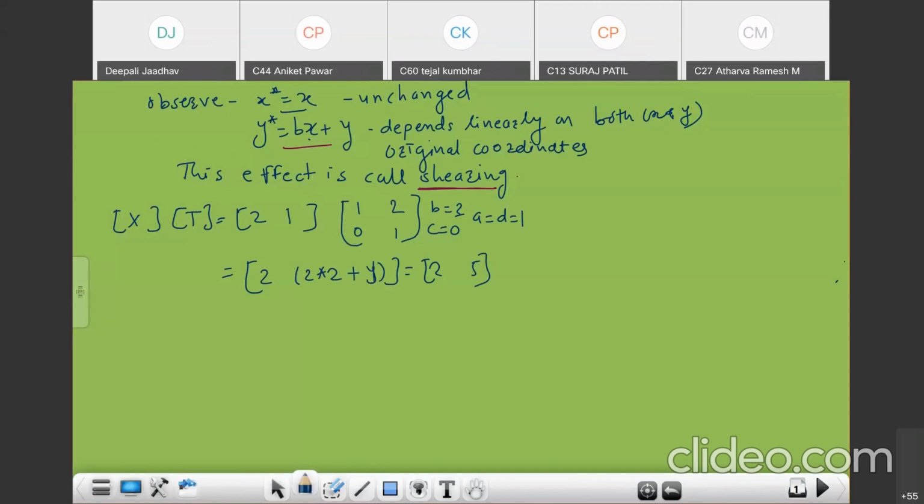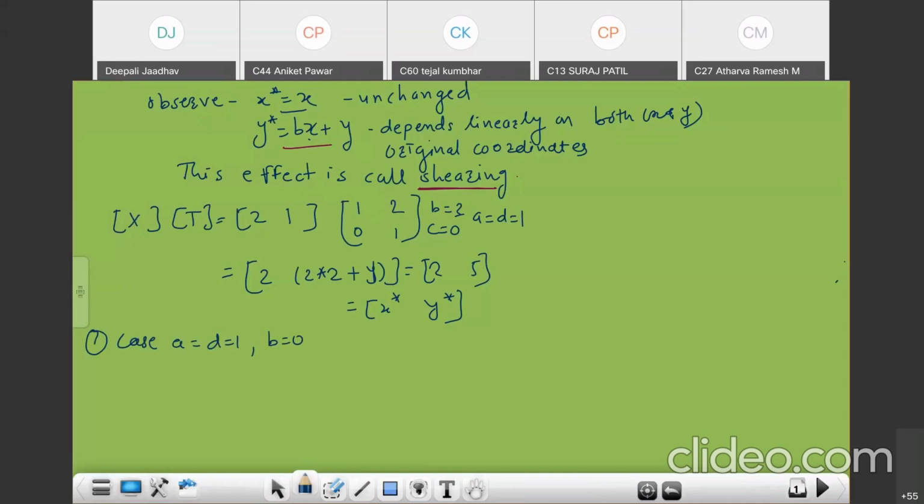So that is the effect with the example of B. Now instead of B, we consider some value for C. In another case, A is equal to D is equal to 1, B is equal to 0 and C has some value.